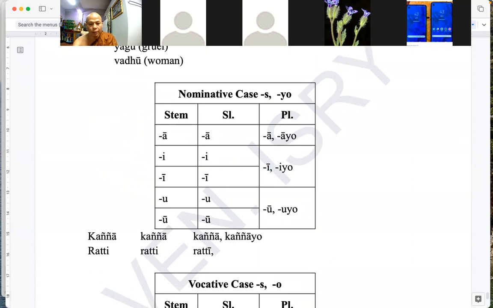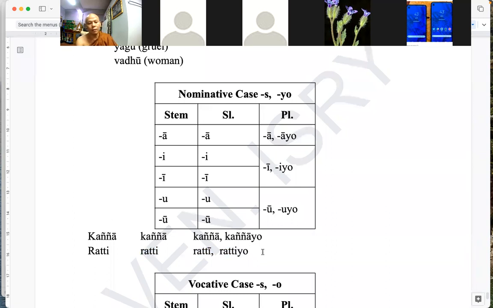Okay, Ratī. And the other plural form is the stem ending in the I by adding the sign 'yo'. So that is why we have Ratiyo. So Kanya, Kanya, Kanyayo, Rati, Ratī, Ratiyo.